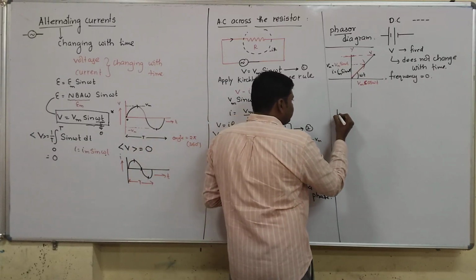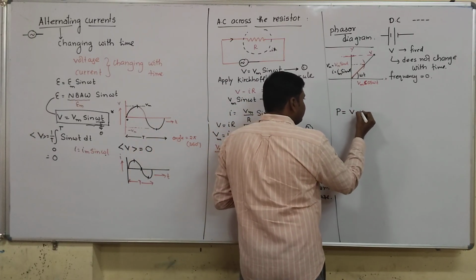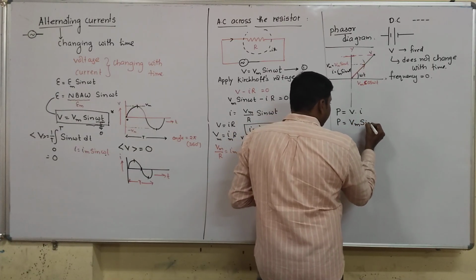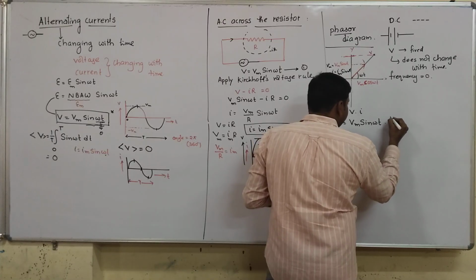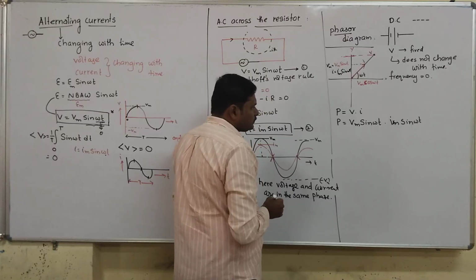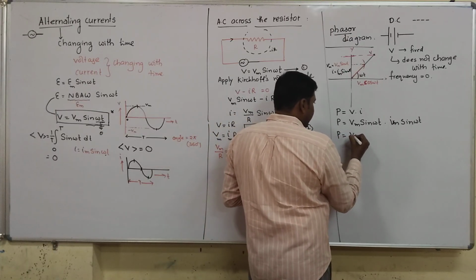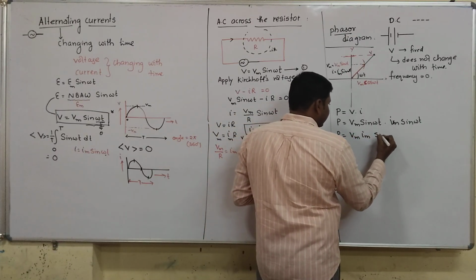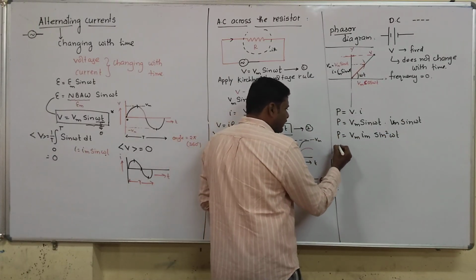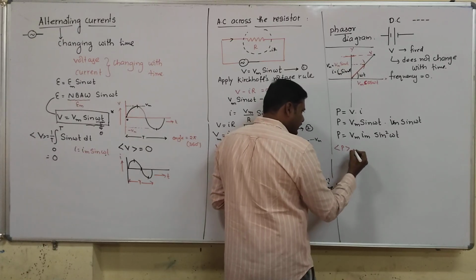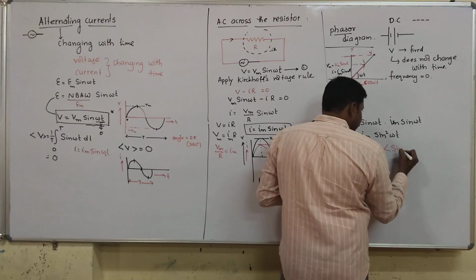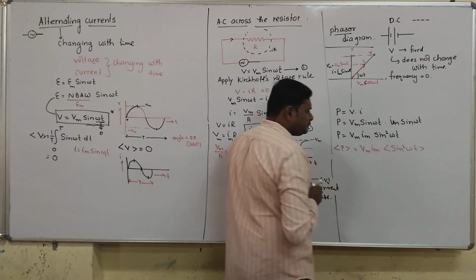Now, what is the power? Power is equal to V into I, which is equal to Vm sin omega t and Im sin omega t. So power is equal to Vm Im sin square omega t. Now I would like to calculate the average value over one cycle, which is equal to Vm Im times the average of sin square omega t.